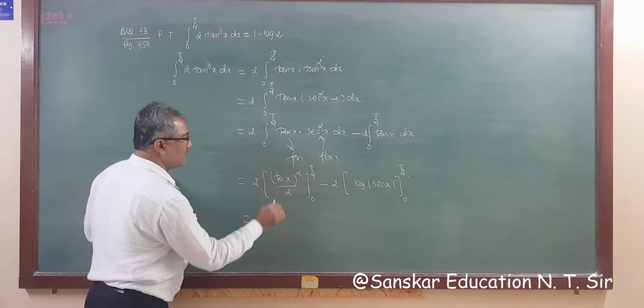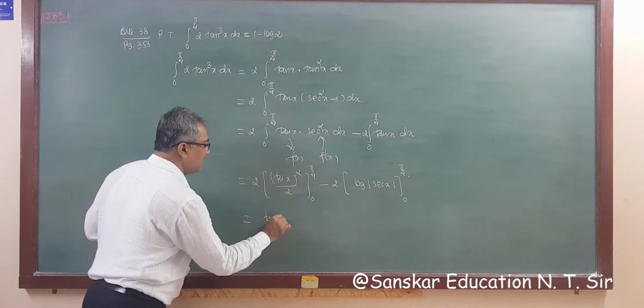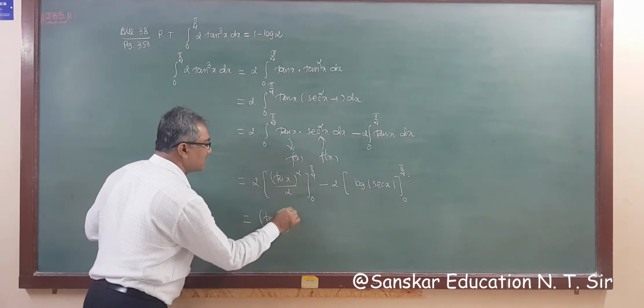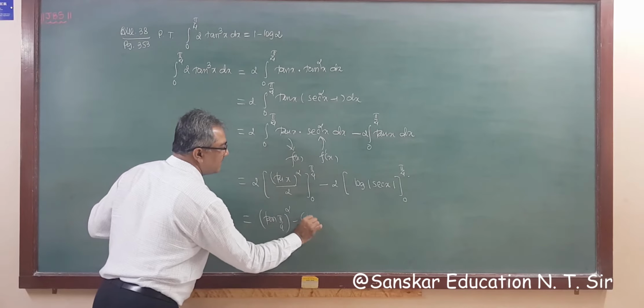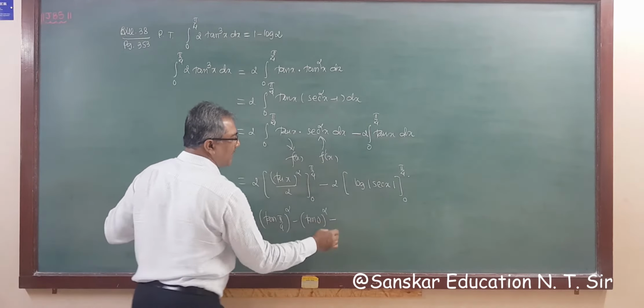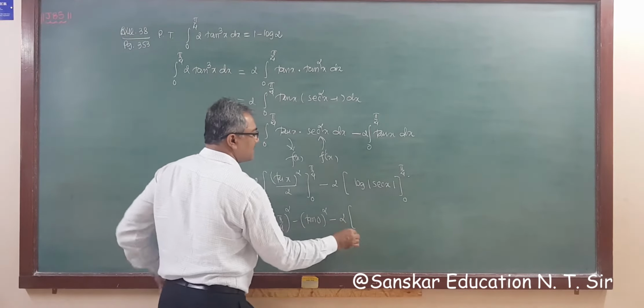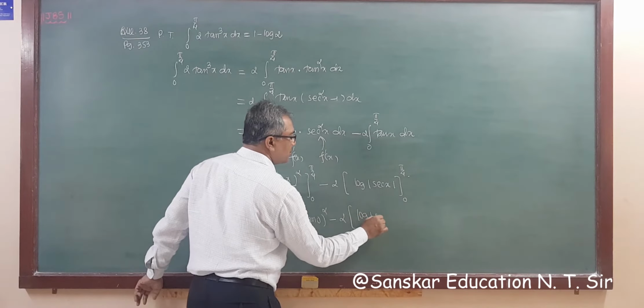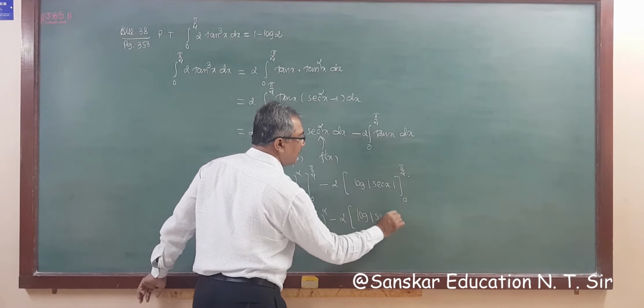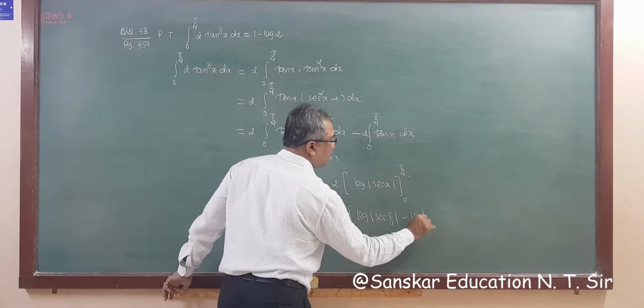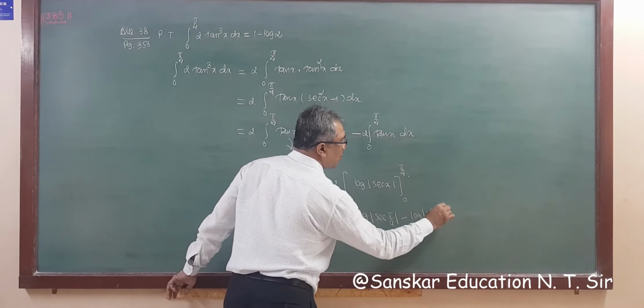If we substitute x equal to pi by 4, then this is tan pi by 4 whole square minus tan 0 whole square, minus 2 times log sec pi by 4 minus log mod sec 0.